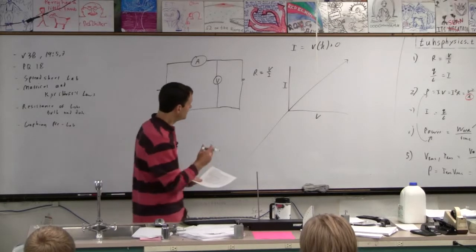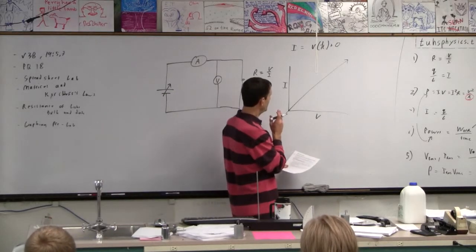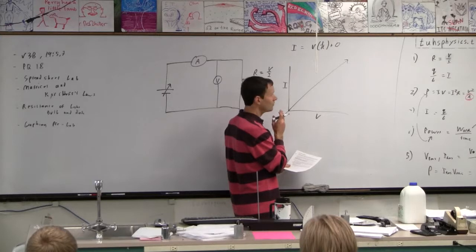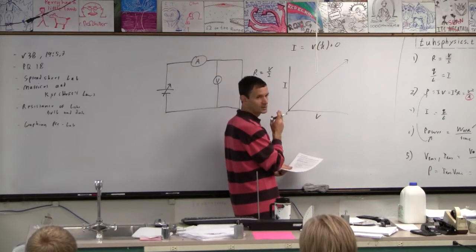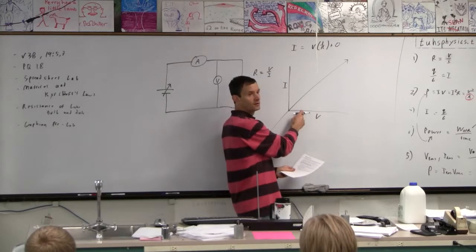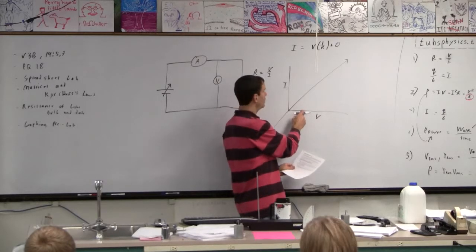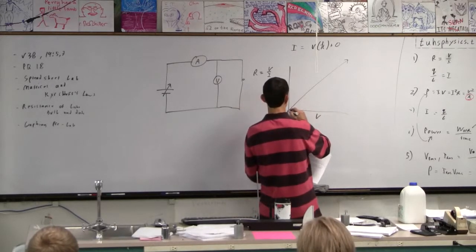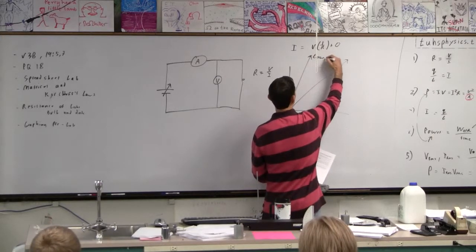Now, this is tricky because what does it look like if it's a low resistance? Well, for a given voltage, what can you say about the current? If it's low resistance, what's true? It's a lot of current, yes? So if it's like this, that's actually low resistance.